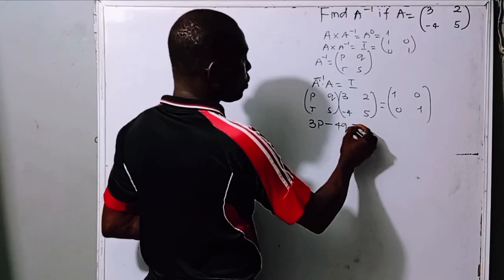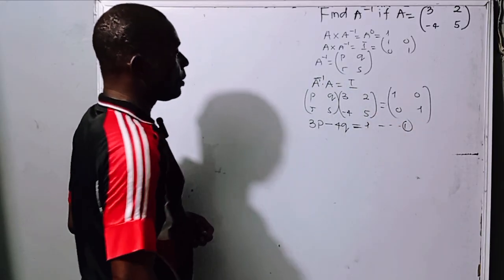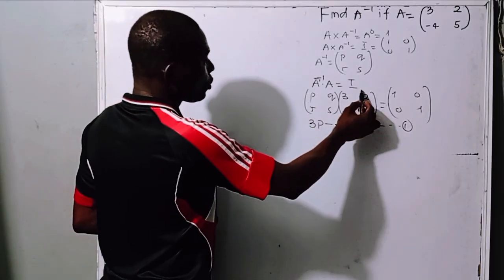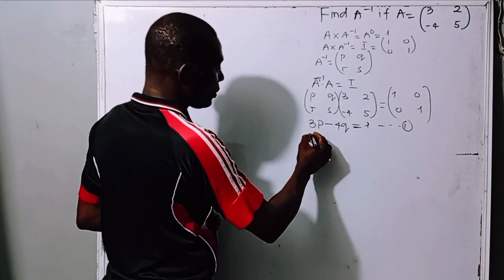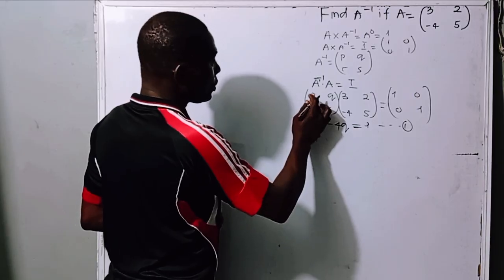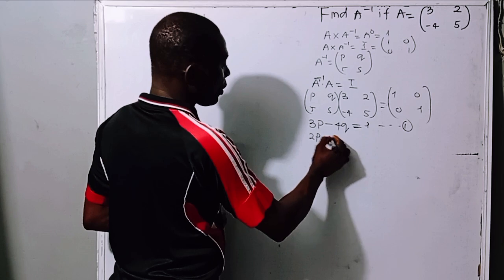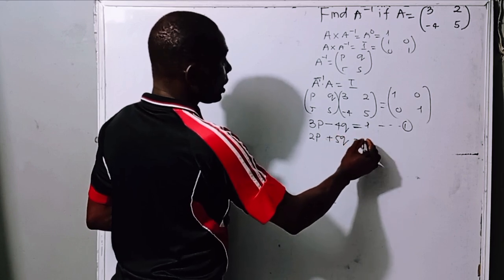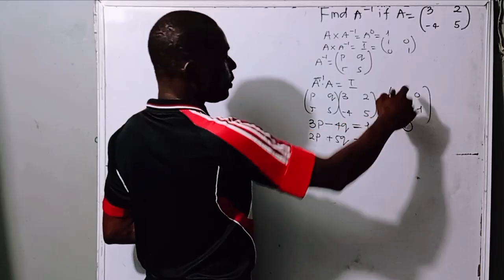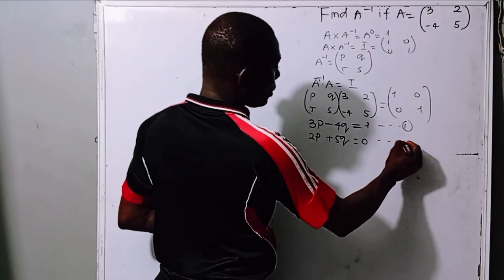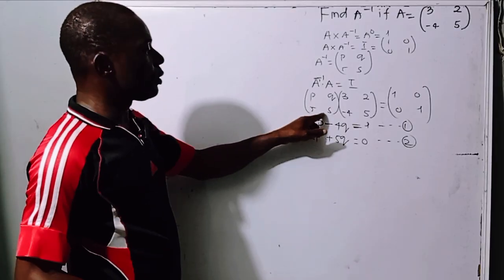Assuming this is equation 1. Then the same PQ we also multiply by this column. So that gives P times 2, 2P, then Q times 5 gives plus 5Q. That will give the corresponding element here, which is 0. This is equation 2.